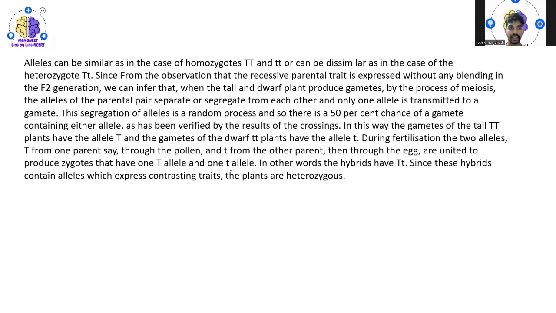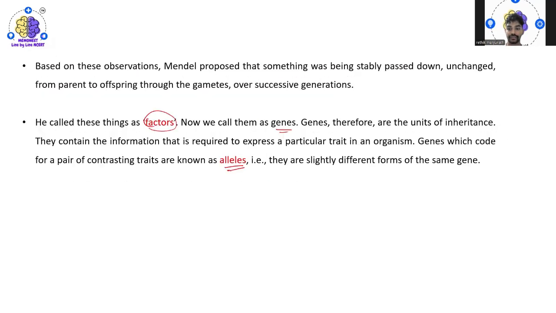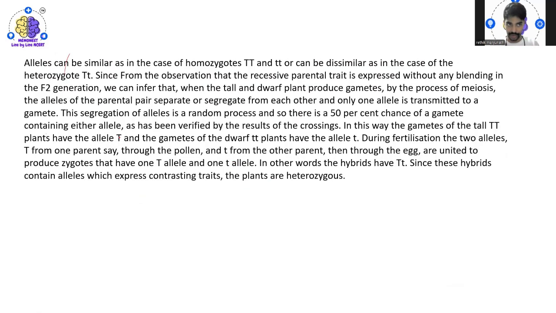So alphabetically, the capital letter is used for the trait expressed in the F1 stage, and the small letter for the other trait. For example, in the characteristic of height, capital T is used for the tall trait, whereas small t is used for the dwarf trait.